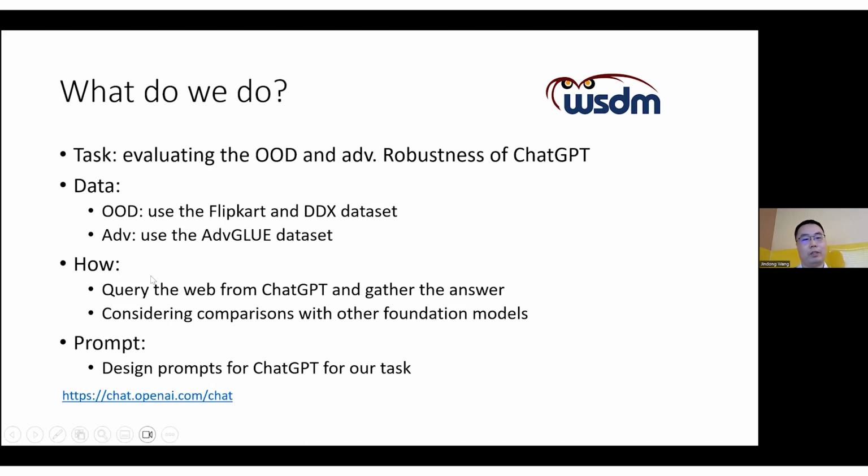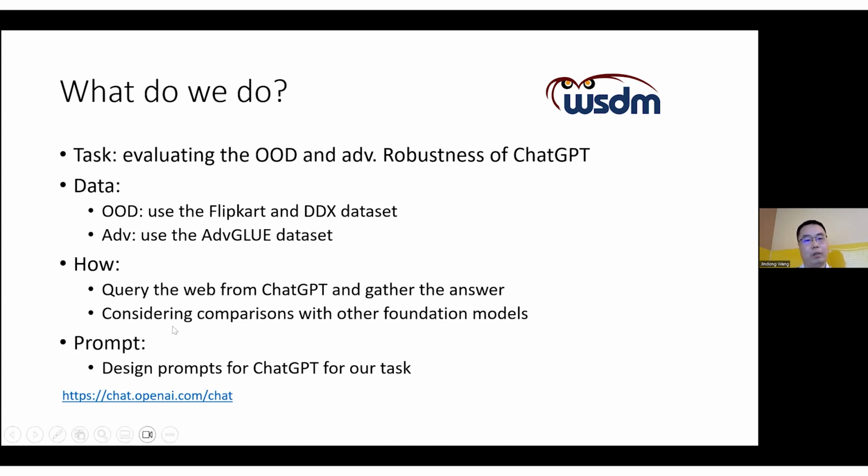So how do we do it? It's very simple. We just query the web from ChatGPT and gather the answer. That's all. Most works are done this way because ChatGPT does not have an API to use, so it's very, very hard actually. Besides ChatGPT, we can also consider some comparisons with other foundation models, because without comparison, we can never tell how good or how bad ChatGPT does, right?